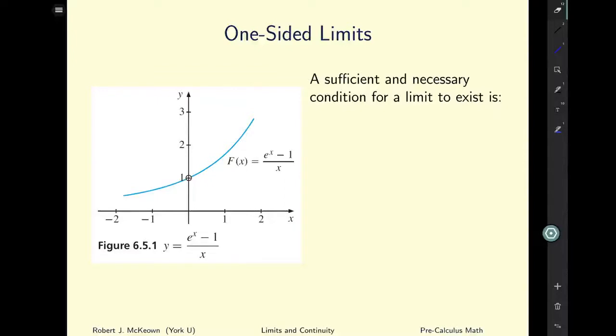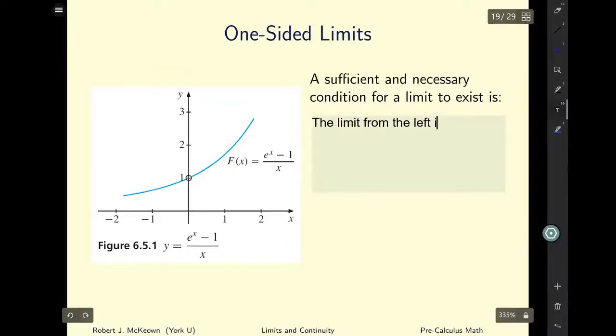Now, remember our very first example. We already numerically showed that the limit exists, and that when x is equal to 0, the limit is going to be equal to 1. Now, a sufficient and necessary condition for a limit to exist is very simply that the limit from the left is equal to the limit from the right, and both these limits exist.